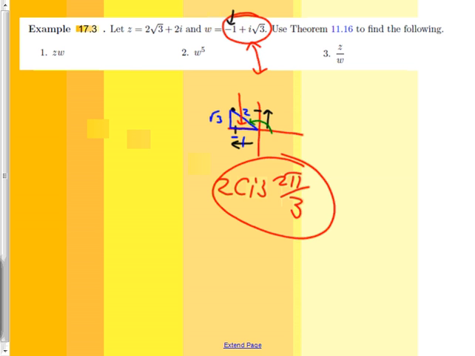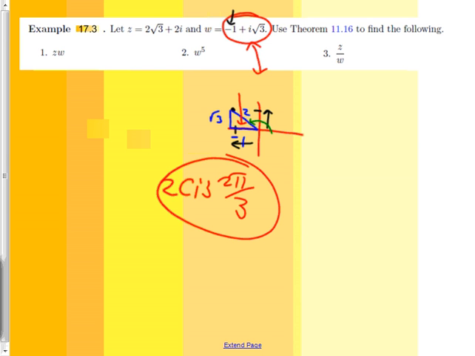Anyway, so if you take 2 cis 2 pi over 3, I can DeMoivre that. All right, so watch and learn.